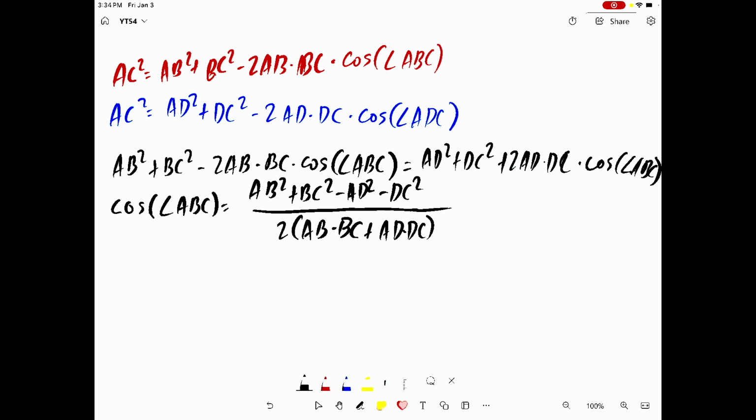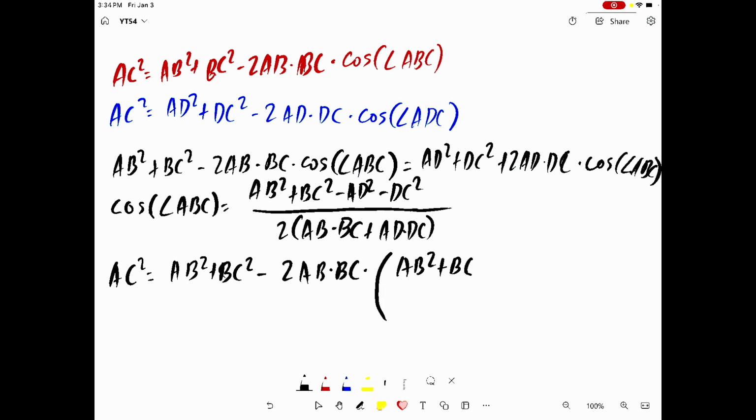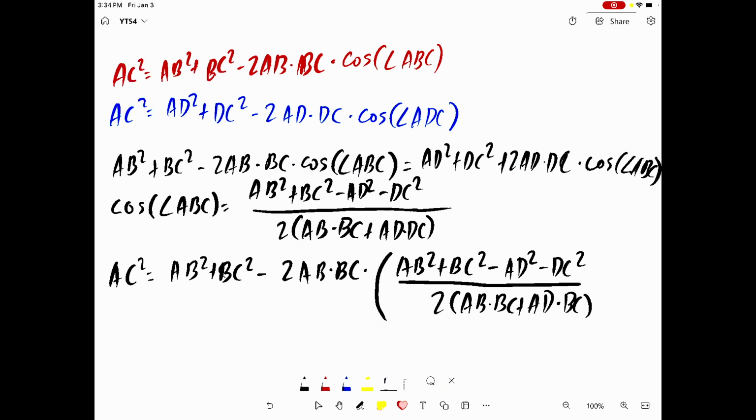So what we're going to get is AC squared is equal to AB squared plus BC squared minus twice AB times BC times AB squared plus BC squared minus AD squared minus DC squared, all divided by twice times AB times BC plus AD times DC. Sorry, not BC, DC.